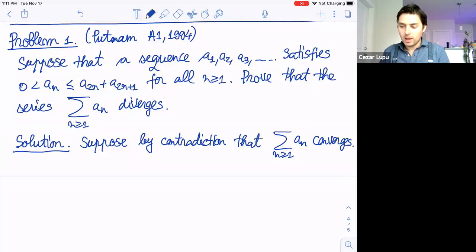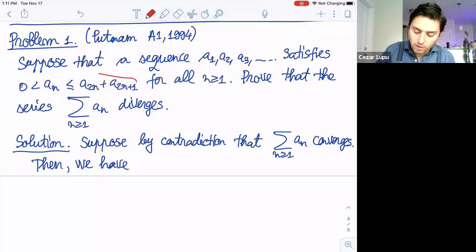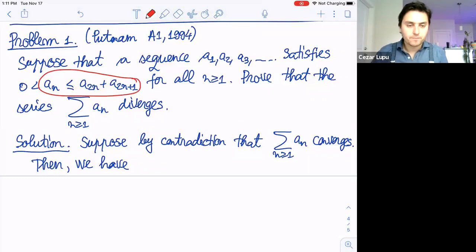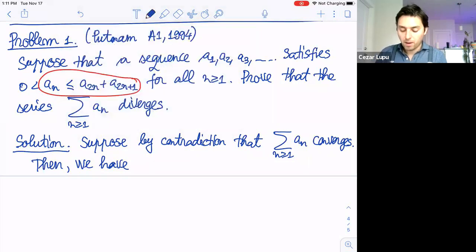Then what do we have? So keep in mind that we're going to do the following trick. And the way we're going to do it is in the following way, because I'm going to exploit this inequality here. See this one here. I want to exploit it. And also we'll take into account the fact that a_n is positive.